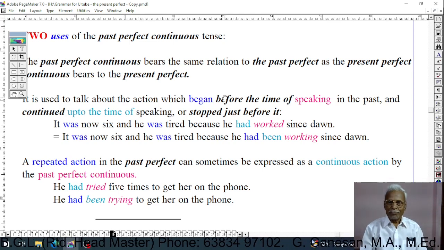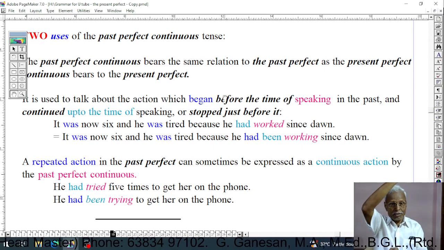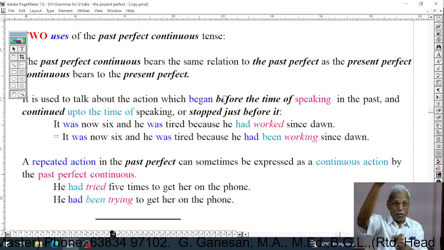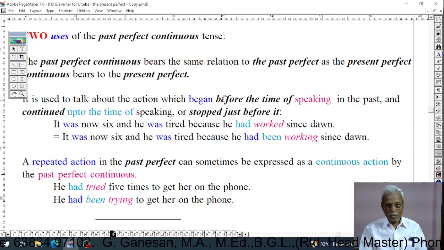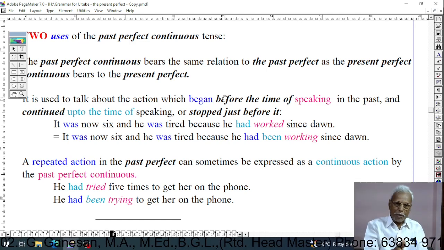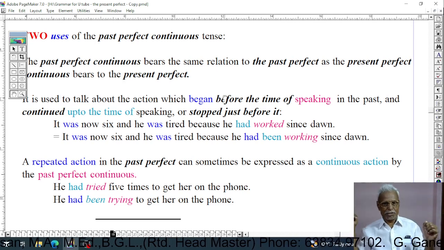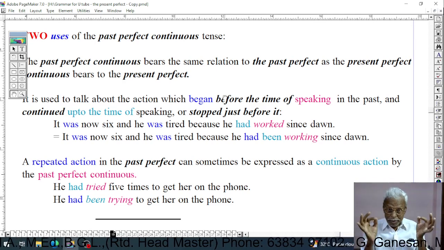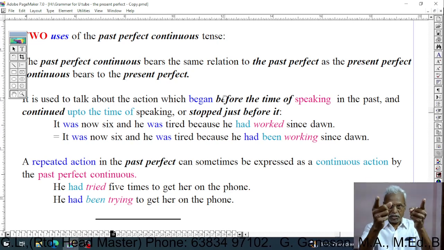Okay. An action which began before the time of speaking, in the past, and stopped at the time of speaking or sometime before, should be expressed using past perfect continuous.